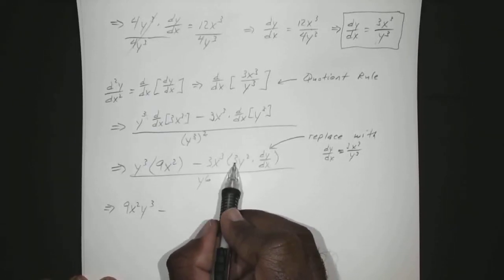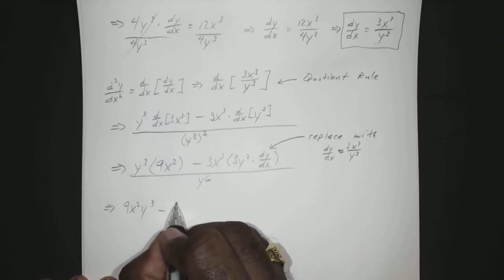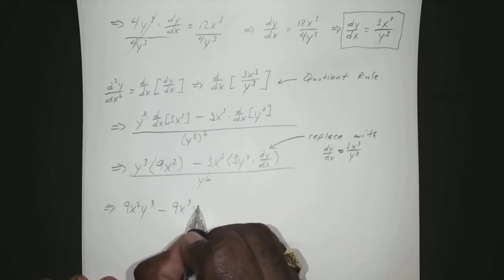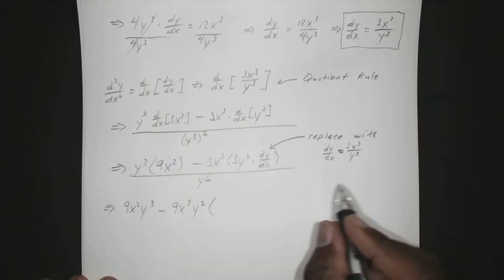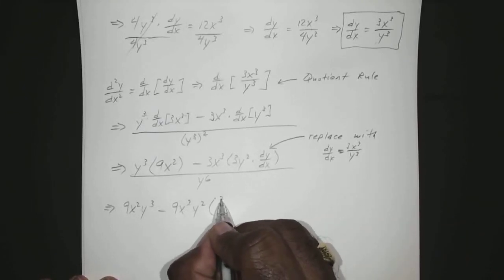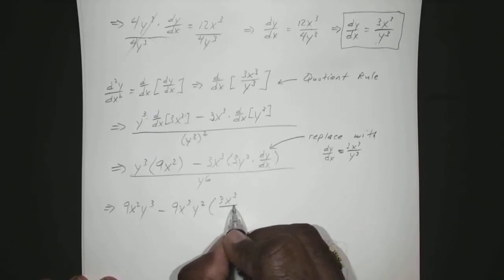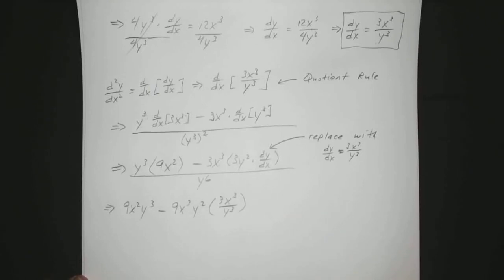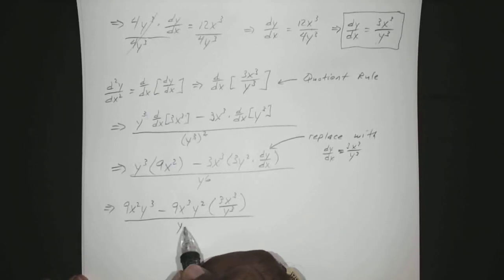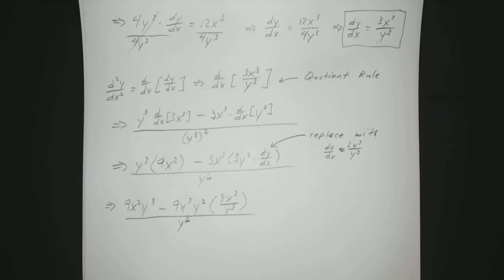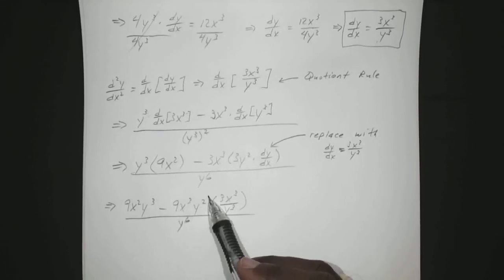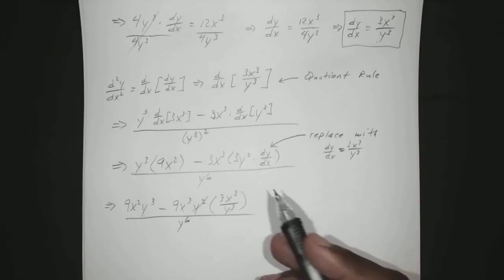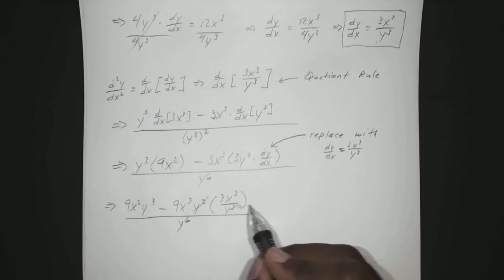You can make that 9x to the third y squared times 3x to the third over y to the third, all over y to the 6th. Okay. Now these two actually cancel out a square, which just leaves that to the first power.